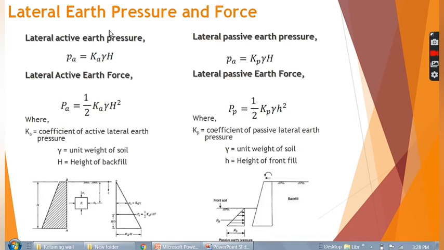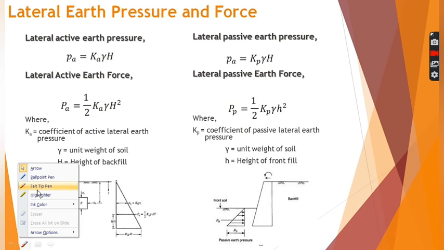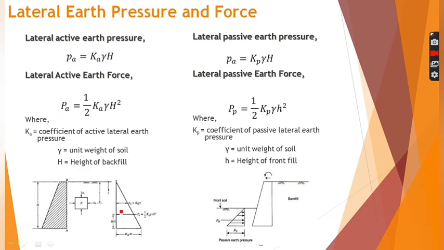We calculate the lateral earth pressure and forces for the active case and the passive case as discussed earlier. In retaining walls we have two cases, that is, active earth pressure on the backfill side and passive earth pressure on the front side. For lateral active earth pressure, the earth pressure at the base will be maximum. It will be Ka gamma h.